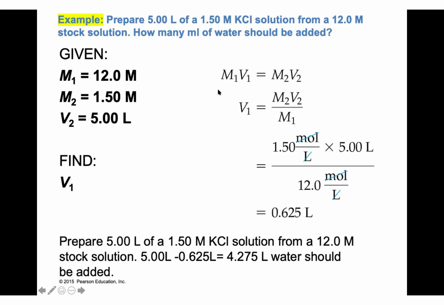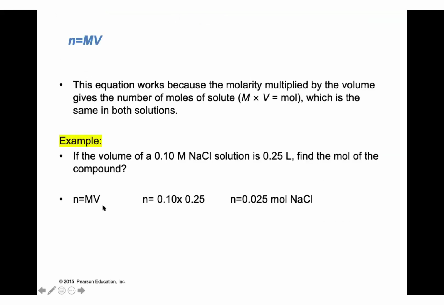We equal the mole of one side to the mole of the other side of the solution. You know what I mean, guys? So N equals MV. But make sure in N equals MV, we should put liter of solution always. So I have a liter of solution, I'm lucky, but always pay attention. I multiply by molarity and I find the mole of NaCl.